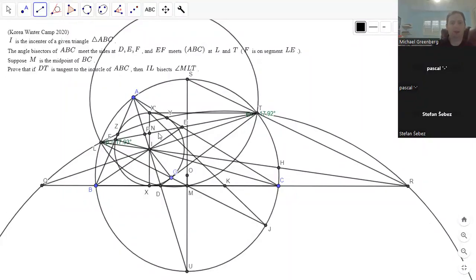Yeah, we want to show this tangency condition is equivalent to TX prime being tangent.